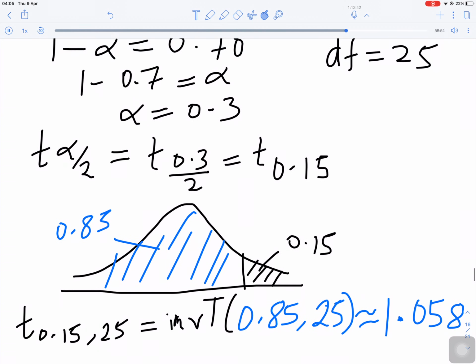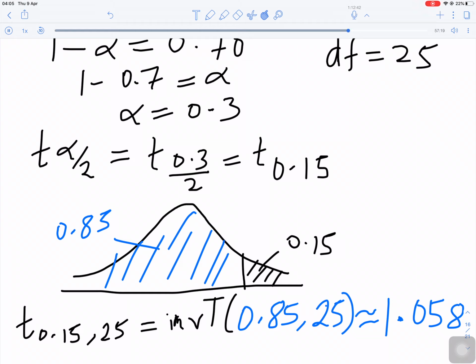What does this mean? It means that we are looking for a t-value which has area to its right being 0.15. So if we simply use the calculator function, inv t, the first input is the area to the left. If the area to the right is 0.15, then area to the left will be 0.85.